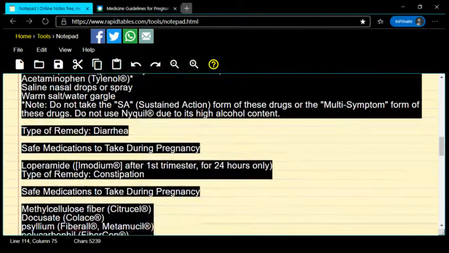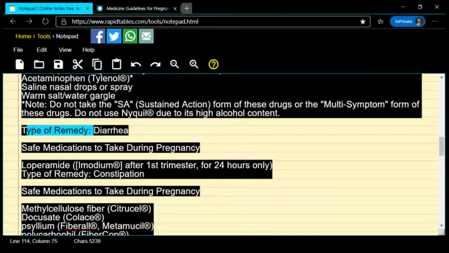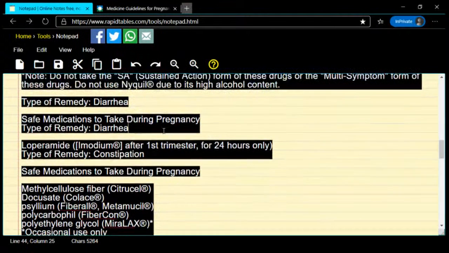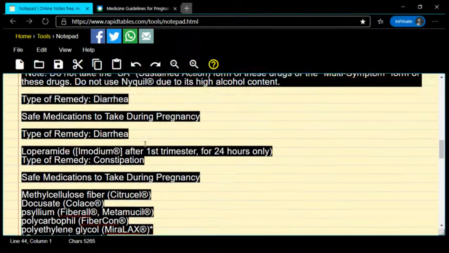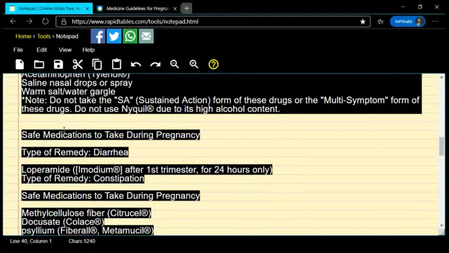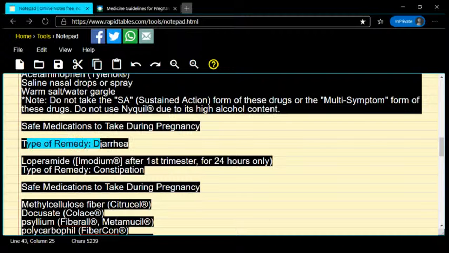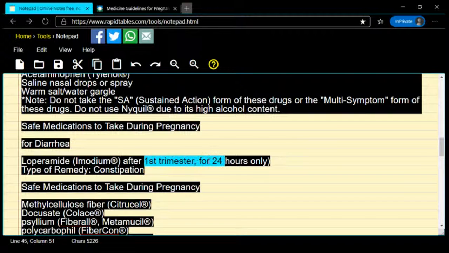As we can see here, the safe medications to be taken during pregnancy for diarrhea: loperamide, Imodium, after the first trimester for 24 hours only.